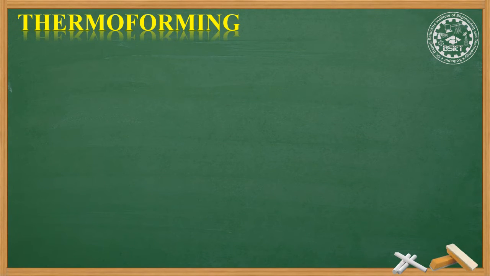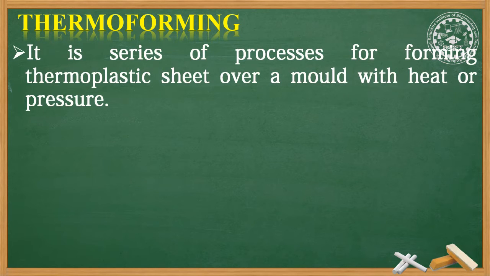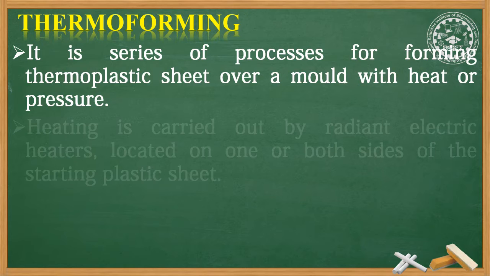Another process is thermoforming. Now it is a series of processes for forming thermoplastic sheet over a mold with heat and pressure. नावातच आहे थर्मो, म्हणजे आपण ते गरम करणार आहे. ओके, सो गरम करायचं आणि प्रेशराइज त्याच्यावरती प्रेशर द्यायचं आणि अशा पद्धतीने आपण त्याला आपल्याला ज्या फॉर्ममध्ये ते प्लास्टिक पाहिजे आहे, जो शेप आणि साईज पाहिजे त्याच्यामध्ये त्याला कन्वर्ट करायचं.